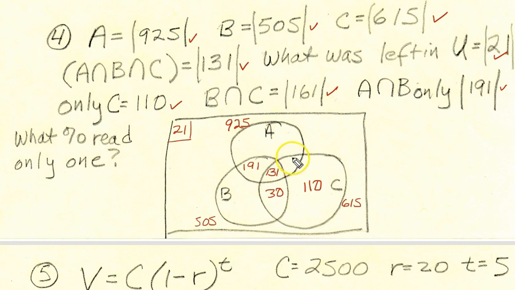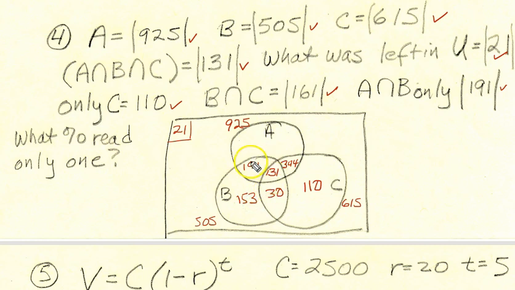And when I do that, I get 344. So I worked on this already. Now, if we add these three up and subtract it from 505, that will give us what this is. And this is 153.